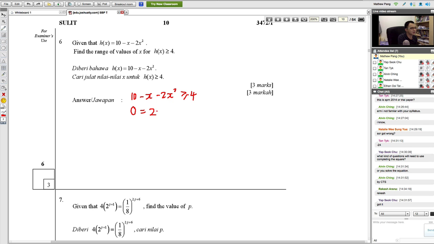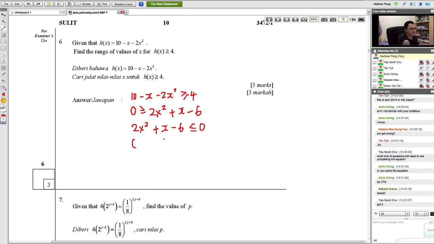So 0 equals 2x squared plus x minus 10 plus 4, which is minus 6. The symbol will be like this: 0 will be bigger than or equal because I moved everything to the other side. So I rearrange the equation as 2x squared plus x minus 6 less than or equal to 0.